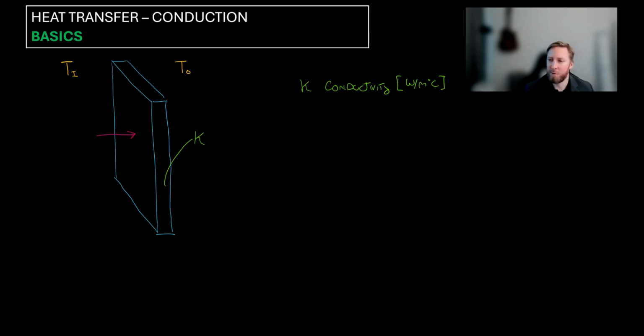A material like steel has a high thermal conductivity and a lot of ability to pass heat through it quickly. If we compare that to a material like wood or insulation, the conductivity is significantly lower.